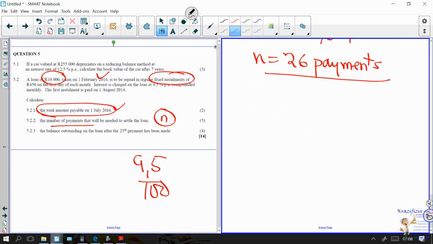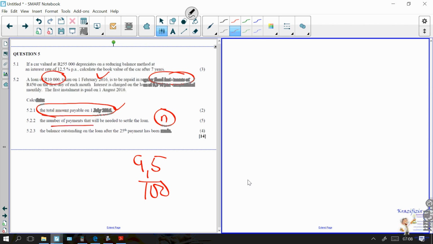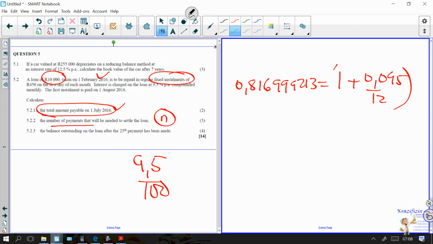Otherwise, what you could do is, I'm just going to quickly repeat that as time is pressed against us. We got 0.816999213 equals 1 plus 0.095 over 12, to the power negative n.